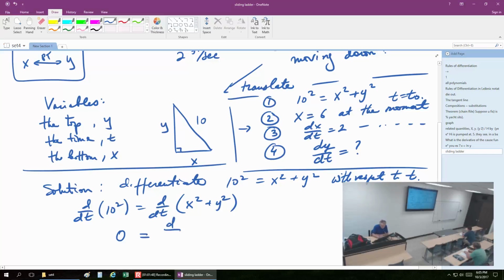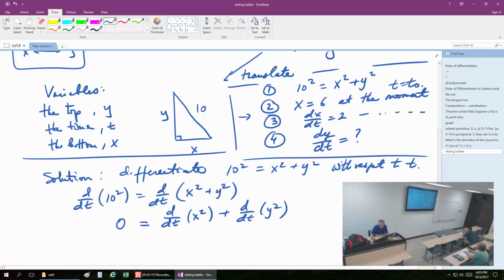We split by the sum rule. And now we use the experience from yesterday, so we carefully differentiate these two, keeping in mind that both of them, once again, are functions of t. So, d/dt of x squared, what is it? 2x. Almost.